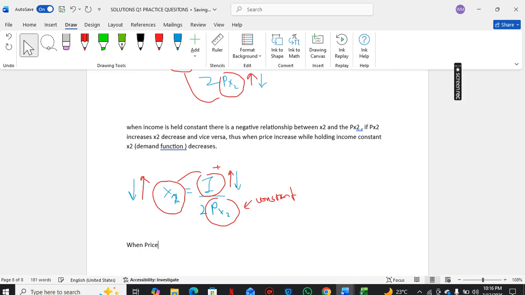When price is held constant, there is a positive relationship between x2 and income.